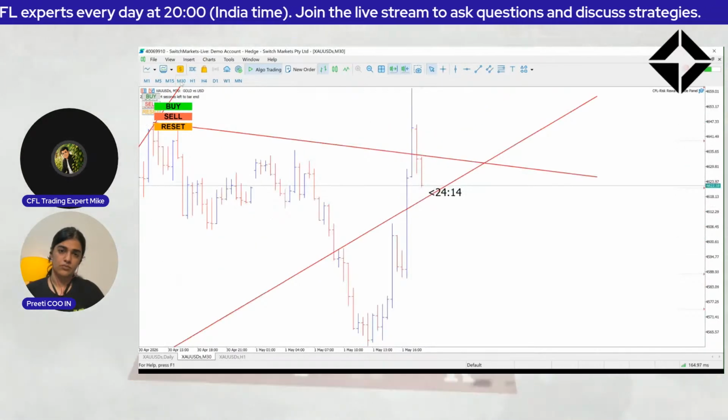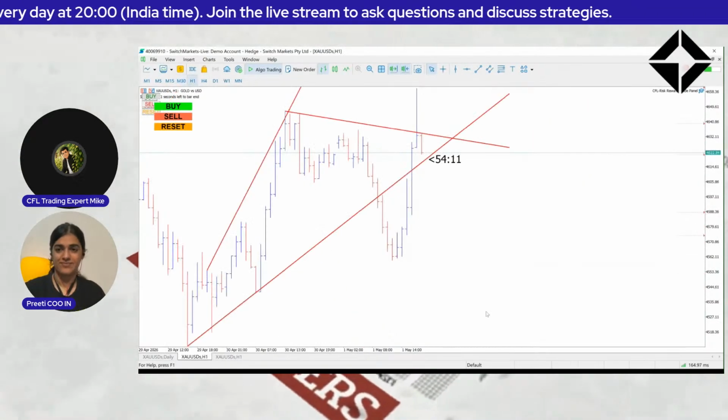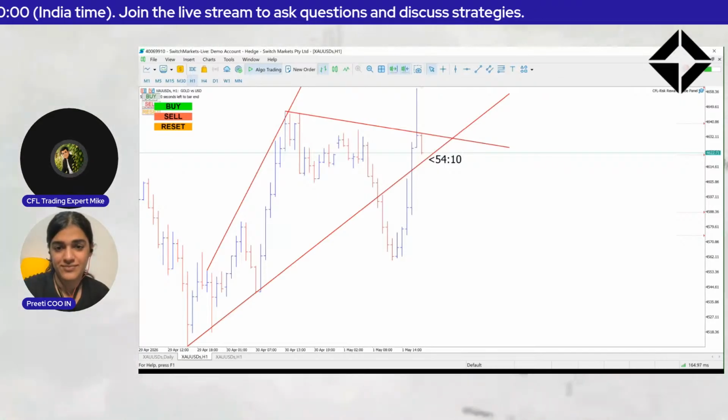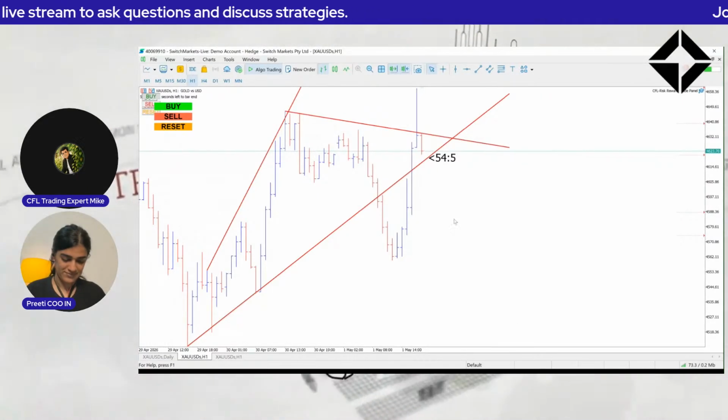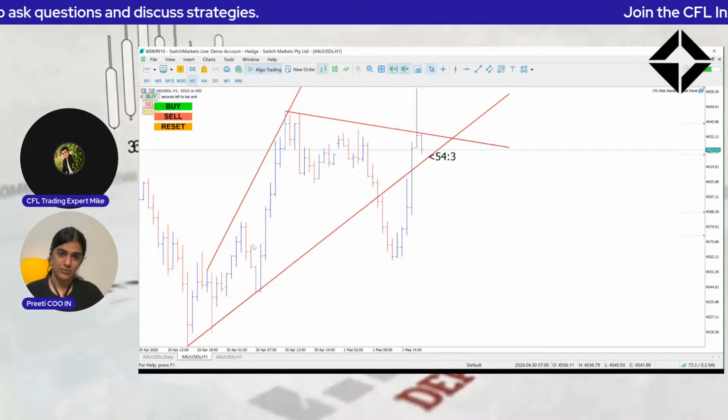Okay, let's see. I cannot say or predict anything at the moment, and I don't want to predict at all because market has its own movements. You just have to keep an eye. These trend lines are very well respected.